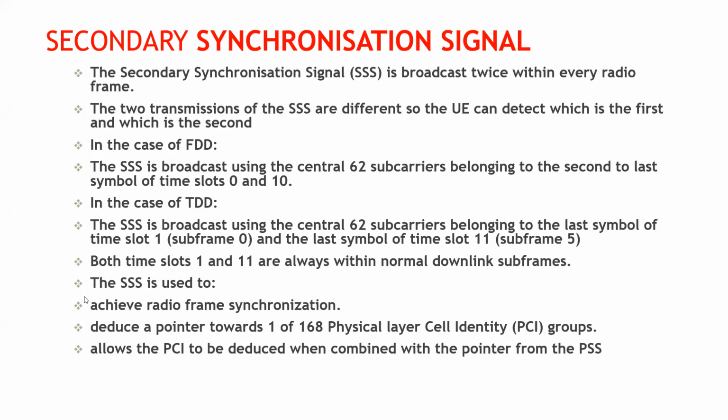This secondary synchronization signal is used to achieve radio frame synchronization. So radio frame synchronization is achieved using the secondary synchronization signal only, not by using the primary synchronization signal.